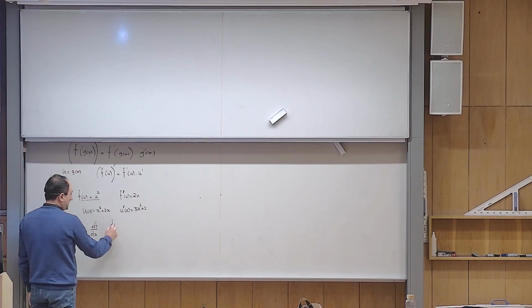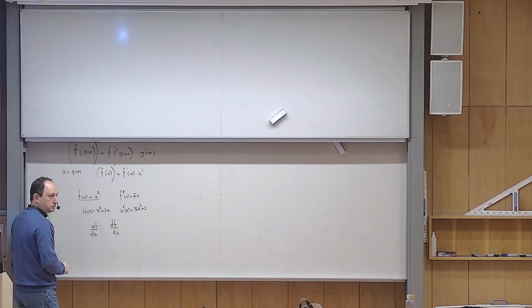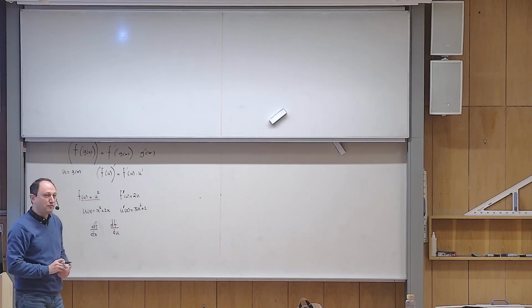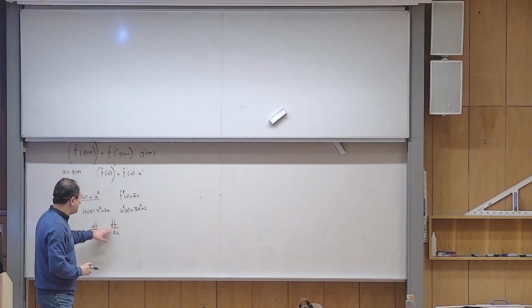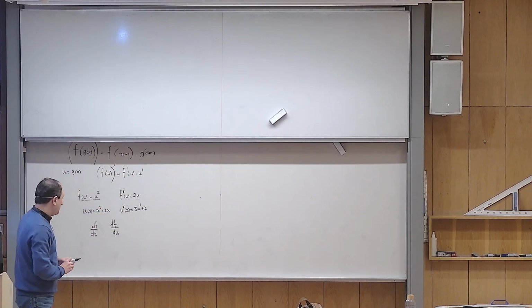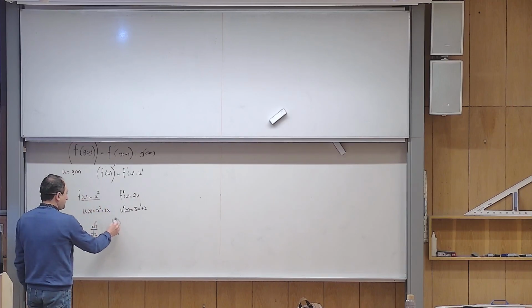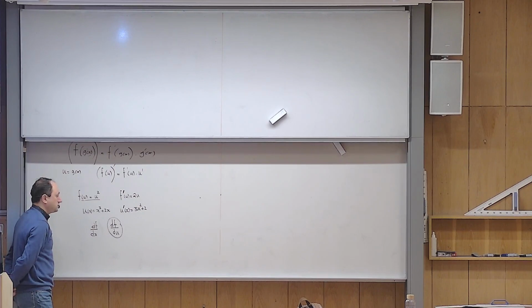When I write df du, I mean the derivative of f with respect to u. Okay, there is no ambiguity. If you have more than one variable, the Leibniz notation is superior to this prime notation. Yes? Okay. If I ask you on the board, which one of these things that you see on the board is the answer to this?